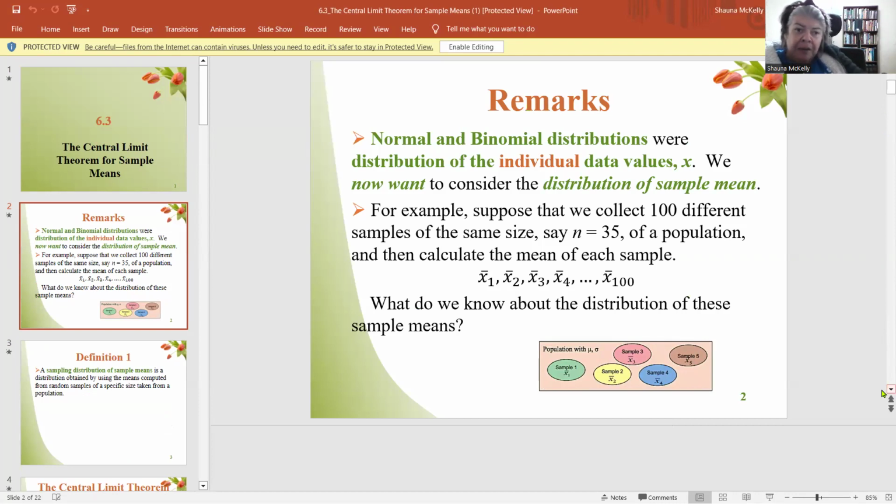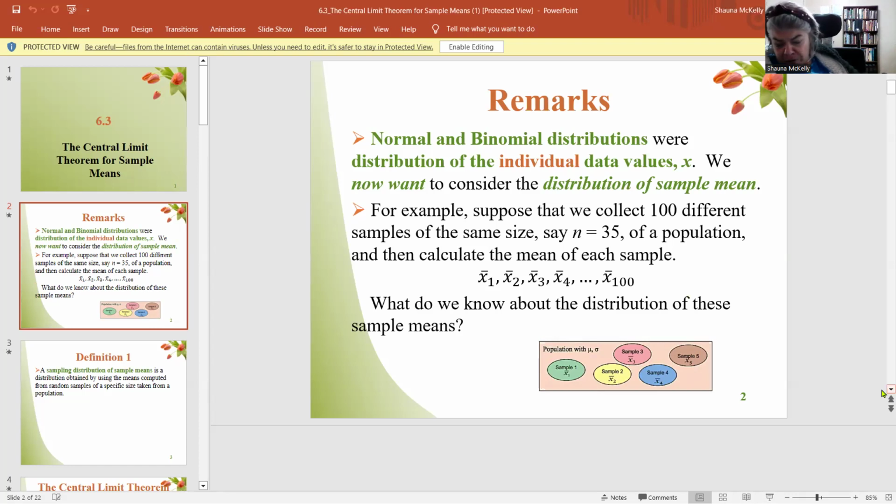Now we're taking that same concept and asking about the probability that a sample of 30 children has a mean weight of something, or a sample of 50 CEOs has a mean age of something else. That's what we're doing here.